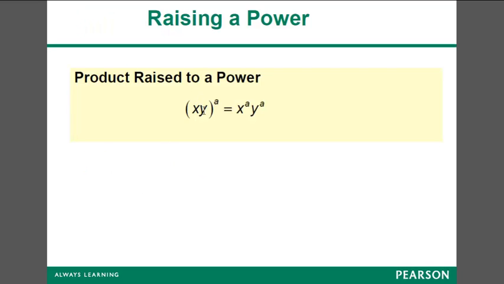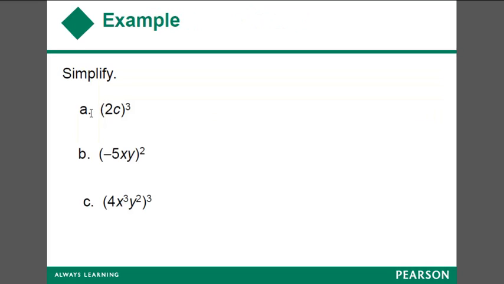Also, if you have items that are multiplied and the whole thing is raised to a power, we can distribute the power. We can say that x is raised to the a and the y is raised to the a. So anytime that we have something inside parentheses raised to a power and there's not addition subtraction, you can distribute your exponent. So for example, 2c all raised to the 3rd power.